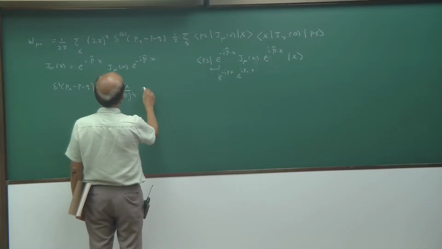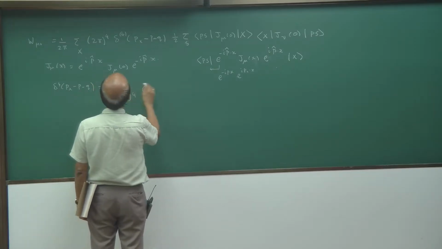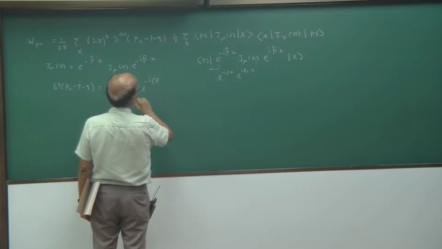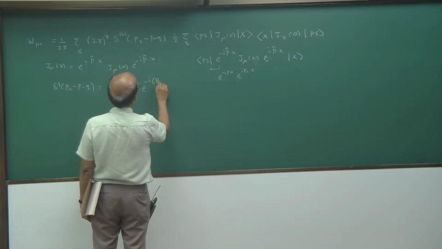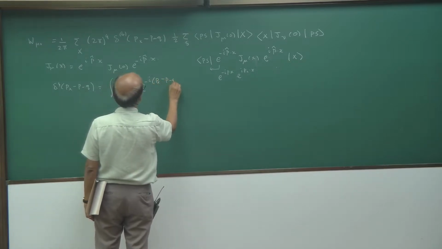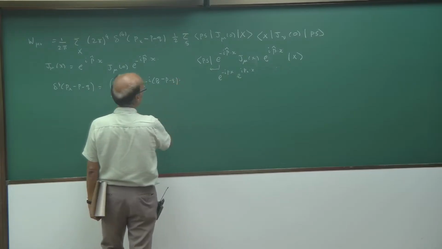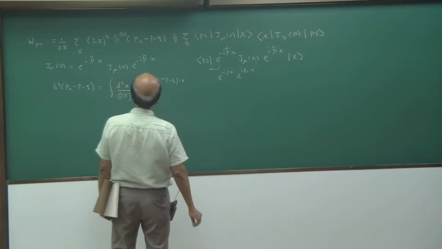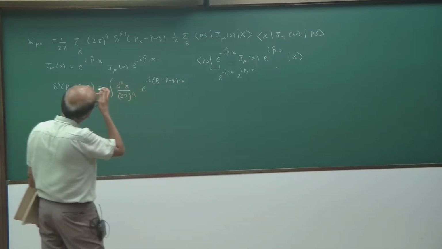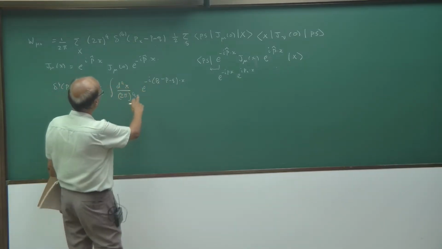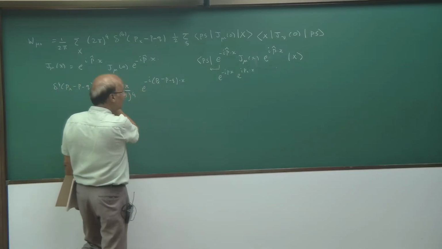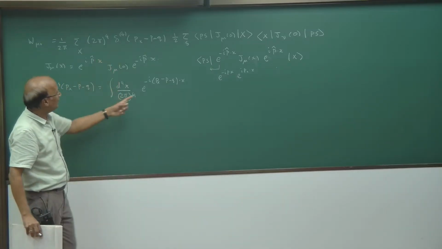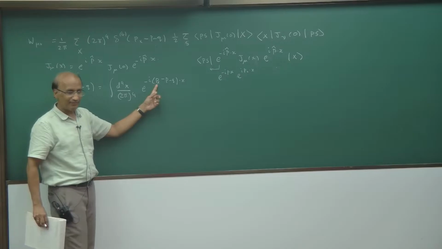e to the power minus i (P_X minus p minus q) dot x. Okay, I can write my delta function in this particular fashion, where P_X is here.